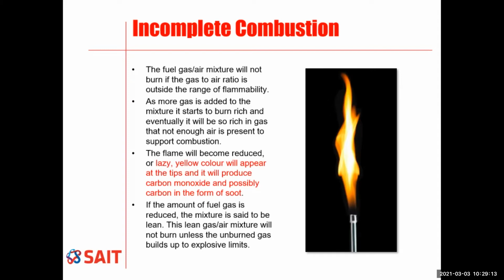So what we simply have to do here is add more air. If you have a lazy, luminous, yellow flame, luminous meaning bright, you will have to add air to that burner before ignition to get it to a blue flame.